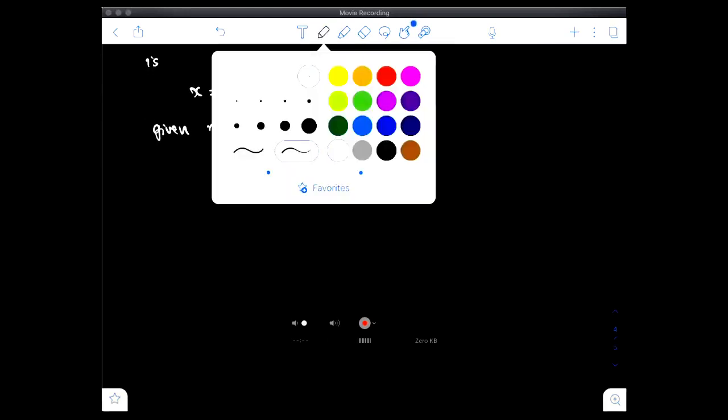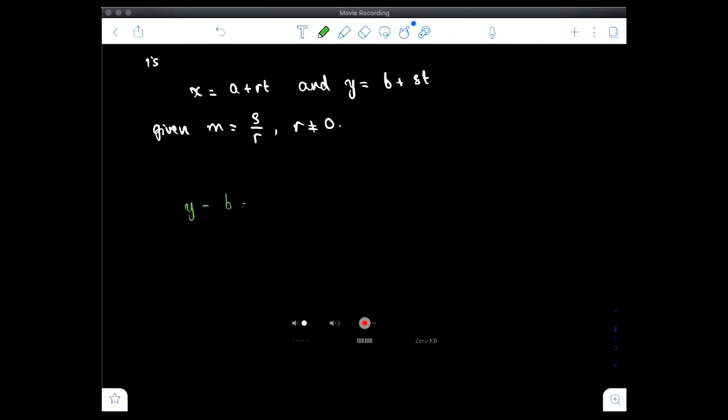Given the line y minus b equals m times x minus a, you can let x equal t, and then y equals m times (t minus a) plus b. This is still a parametric equation of a line, because the idea of parametric equations is that you relate two variables by a third common item. We relate x and y together by the third item, which is t in this case.